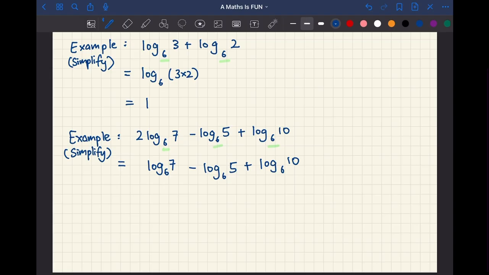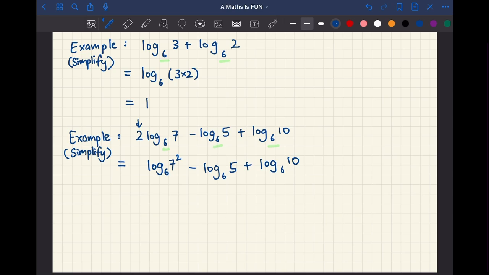But before I do that, I notice another problem, which is this 2 here. So I apply the power law. On one hand, the power can be brought down and put outside the log, but we also can, in the reverse direction, bring it up. So here I'll bring it up and it becomes log of 7 to the power of 2 base 6.